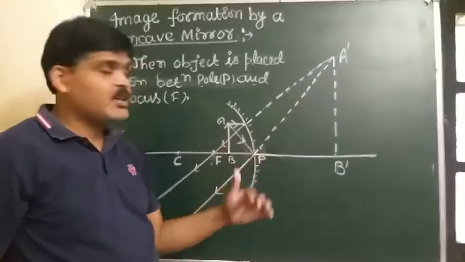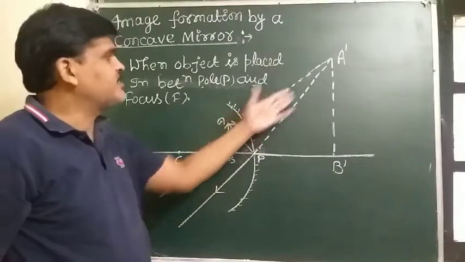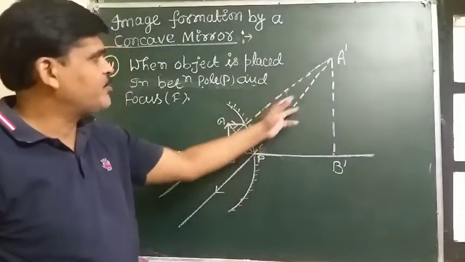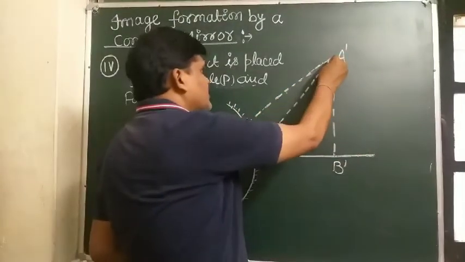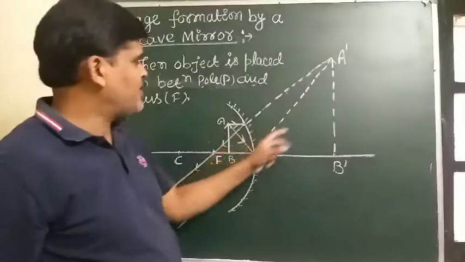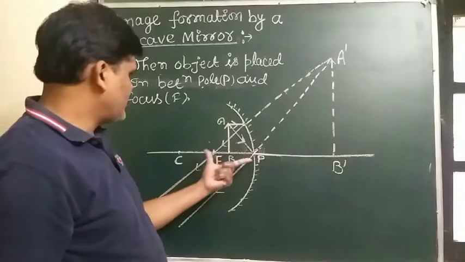Only in this one case is the image said to be virtual. A virtual image is formed when two rays of light extended in the backward direction appear to meet at a point. This is the image formed by a concave mirror when the object is placed between pole and focus.